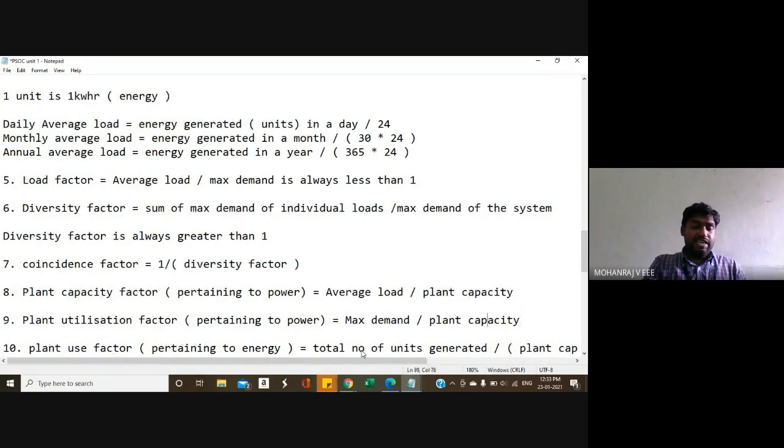It may be a bit confusing, but very simple. Plant capacity factor deals with power. Even plant utilization factor deals with power, but plant use factor deals with energy.